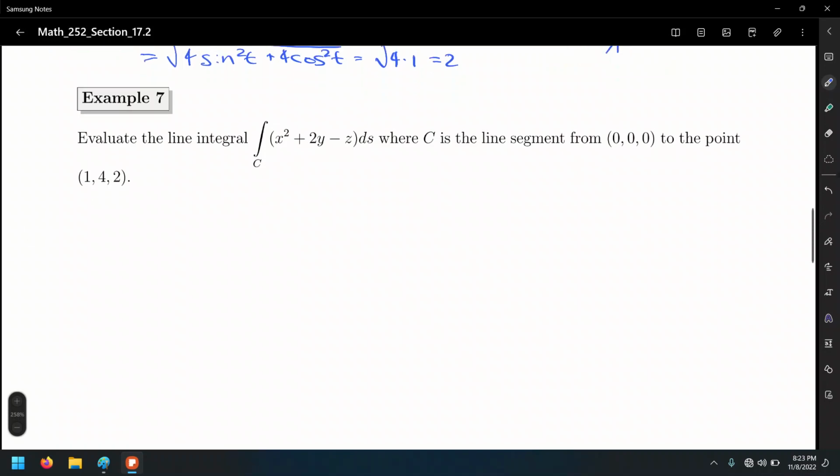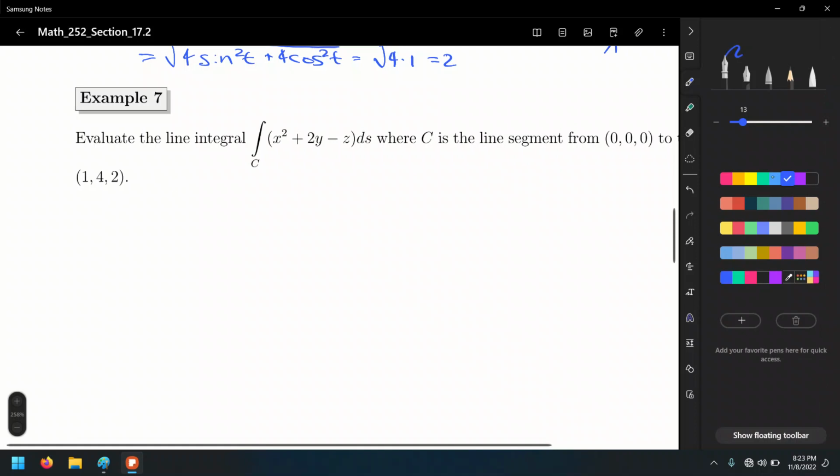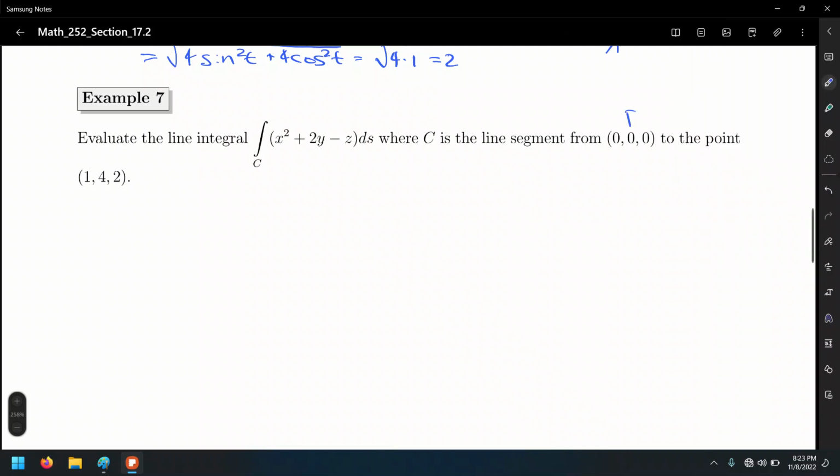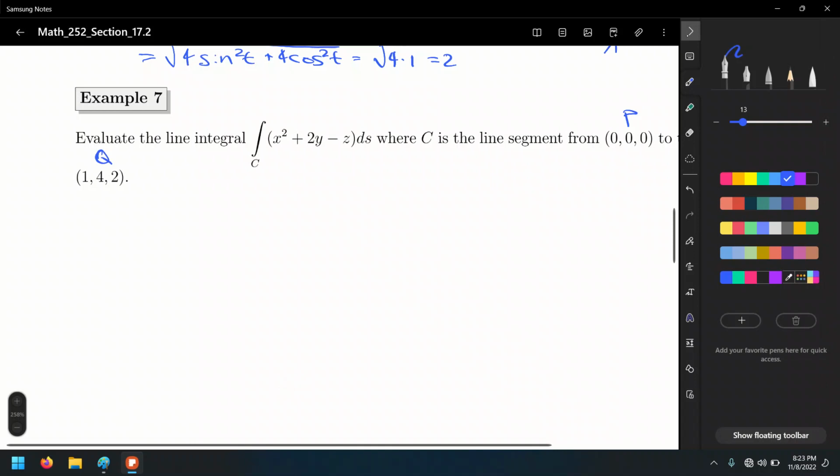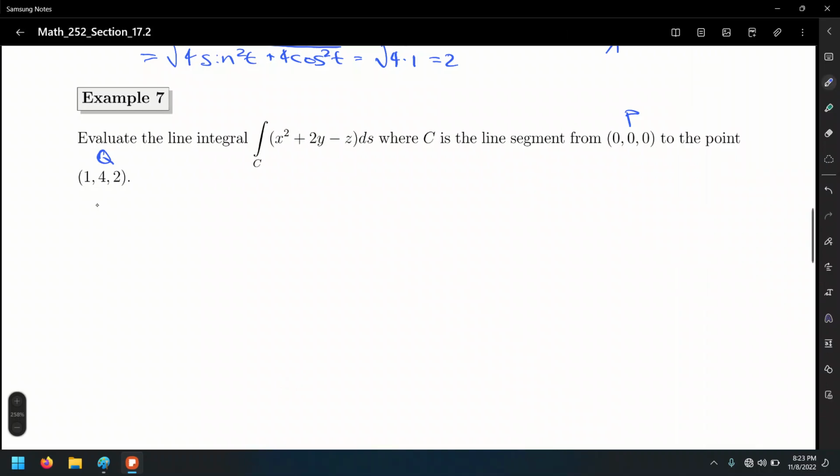So let's parameterize. Let's label this as our point P and our point Q. So this will be the vector PQ.